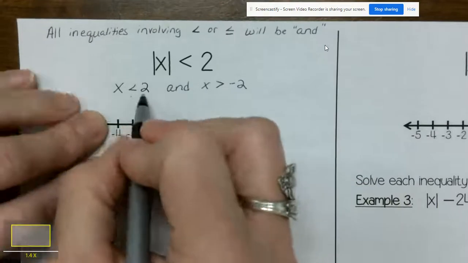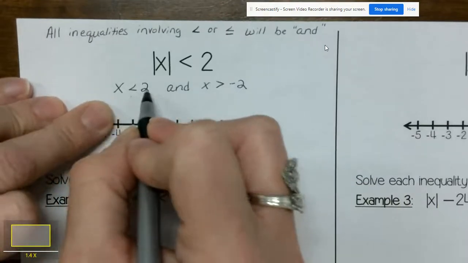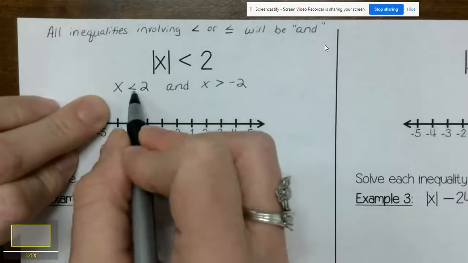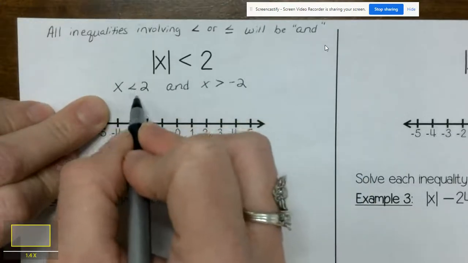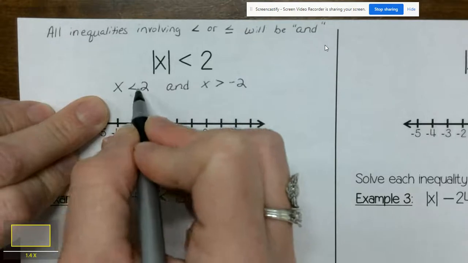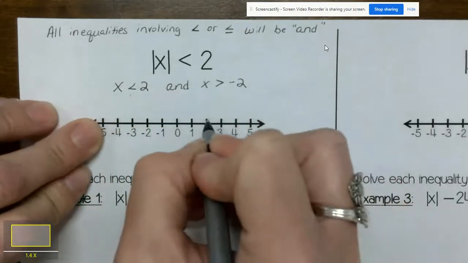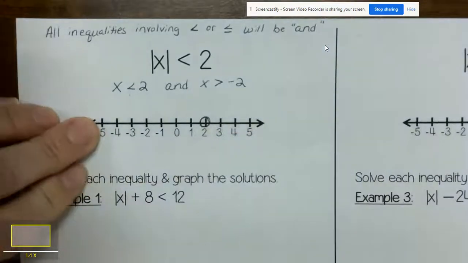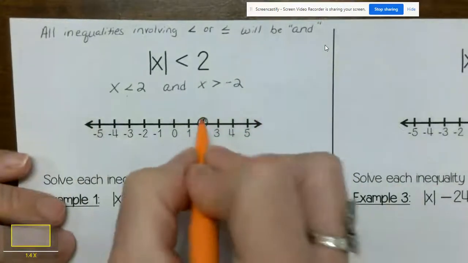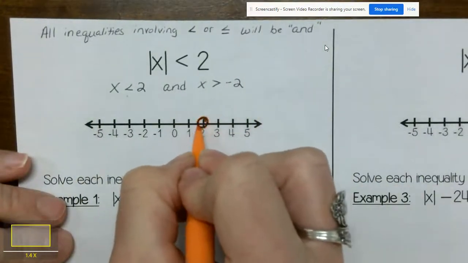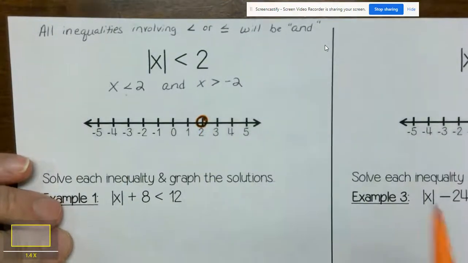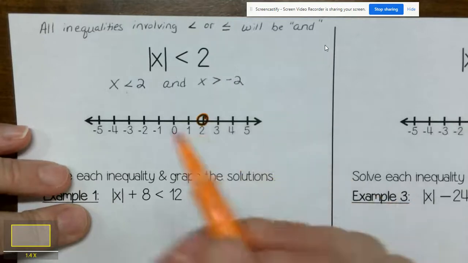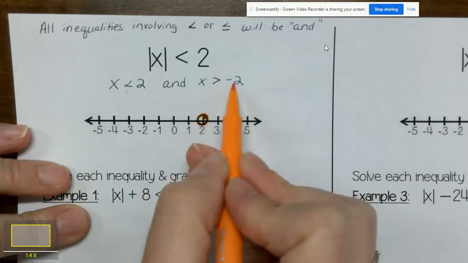If x is less than 2, on a number line, since there's no equal to here, we're going to put an open circle at the number 2. And we also are going to do an open circle at negative 2, since x is greater than negative 2.